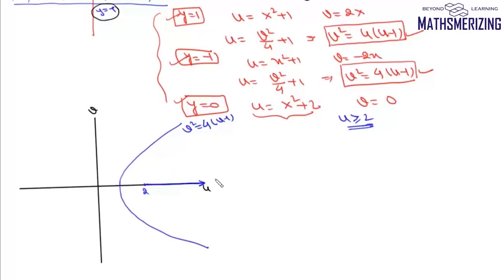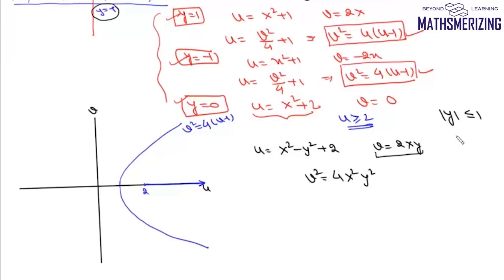Now we need to find this complete region. We know that u is x square minus y square plus 2 and v is 2xy. So we'll square the second equation and get v square equals 4x square y square. Now the question says mod of y is less than or equal to 1, which simply means y square is less than or equal to 1.